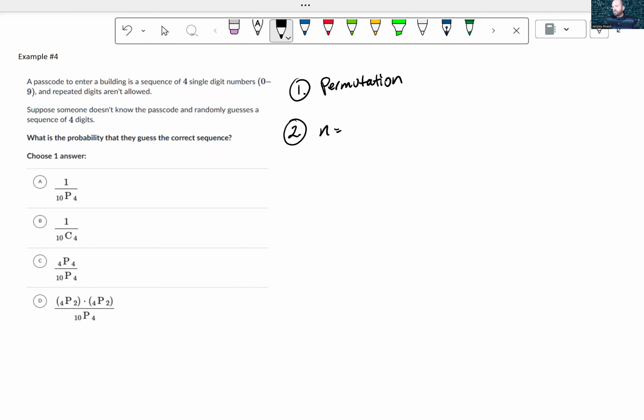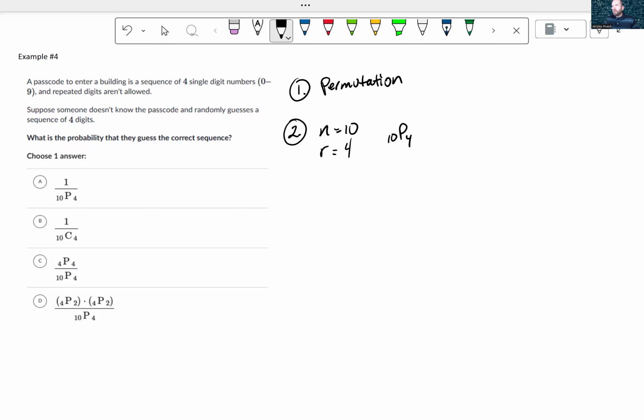Our total is going to be 10. So 1 through 9, and then 0 would be our 10th. So that's our total, and we're selecting 4 digits. Now this is a permutation. Maybe I shouldn't have said choosing 4. So this would be 10P4.